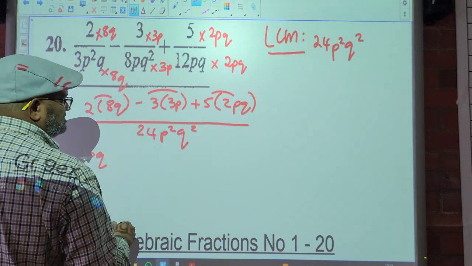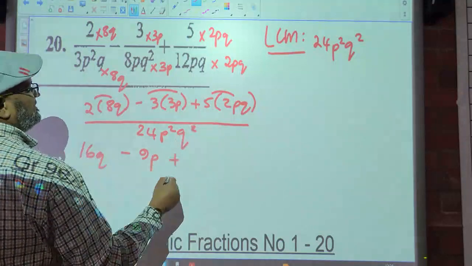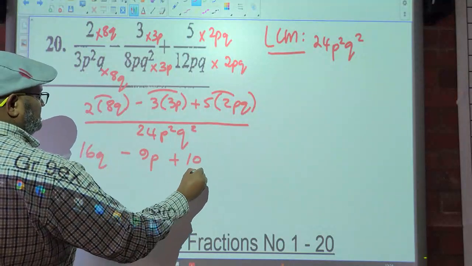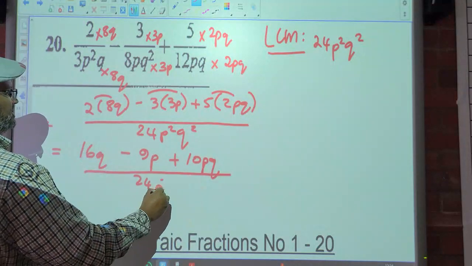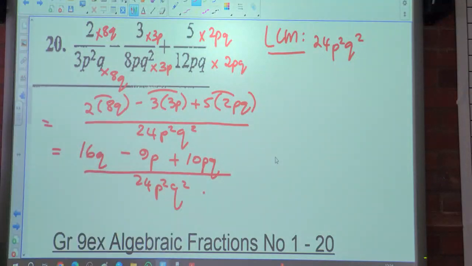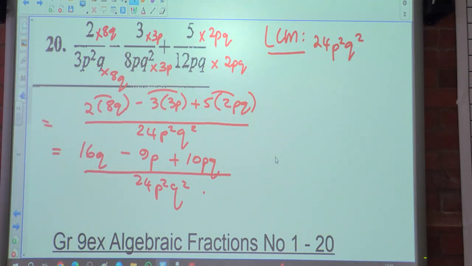Negative 3 times 3p is negative 9p. 5 times 2pq is 10pq. And this is all over 24p squared q squared. Correct? Alright, so this basically brings us to the end of Algebraic Fractions numbers 1 to 20 from the grade 9 textbook.